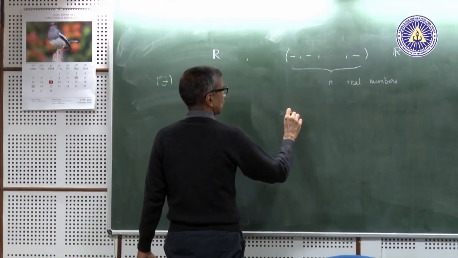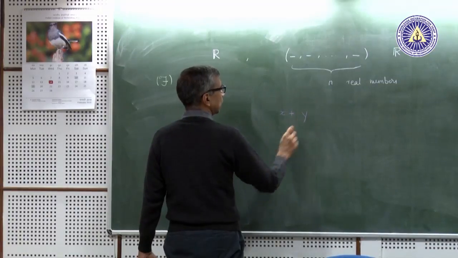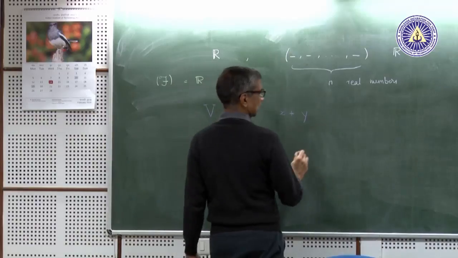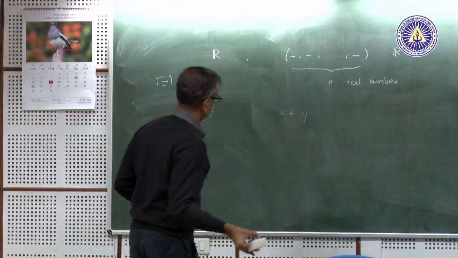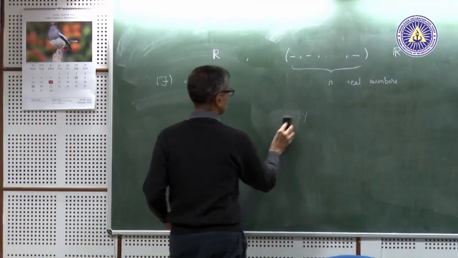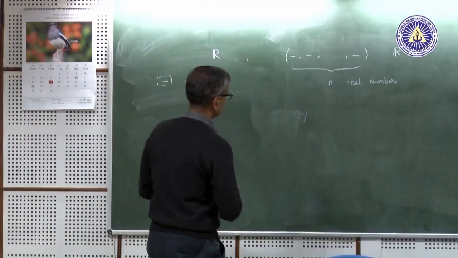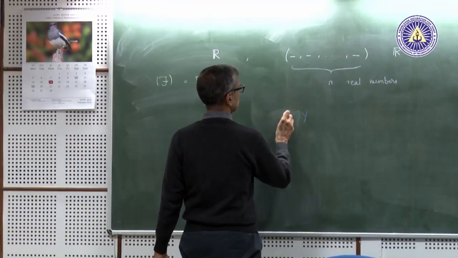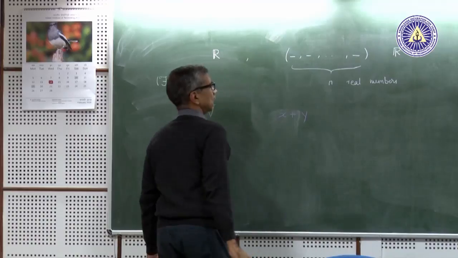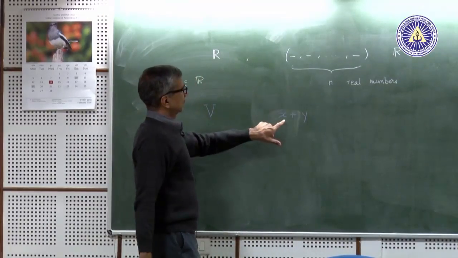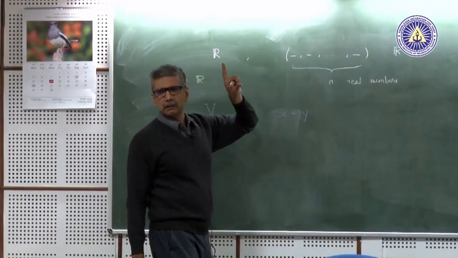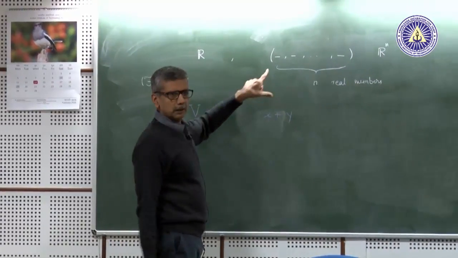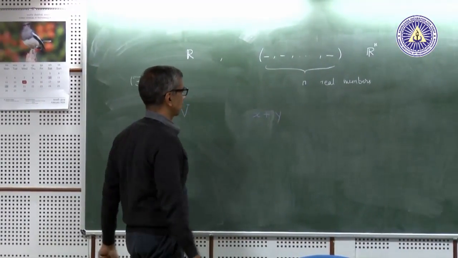If you have your usual addition and add one vector to another, this gives you another vector in Rn. From now on I'll call them vectors. This gives you another element in Rn.